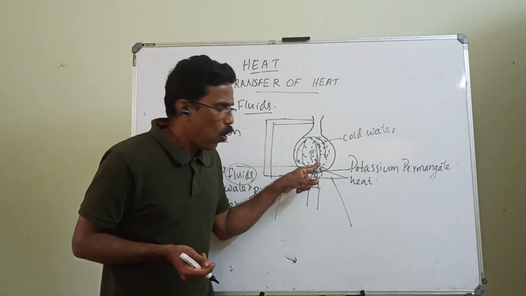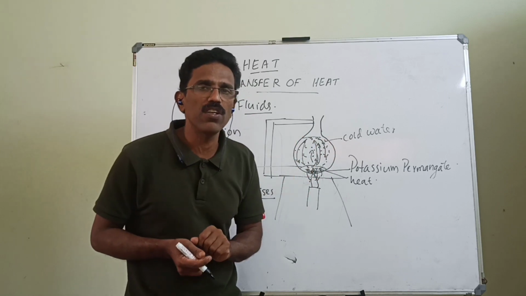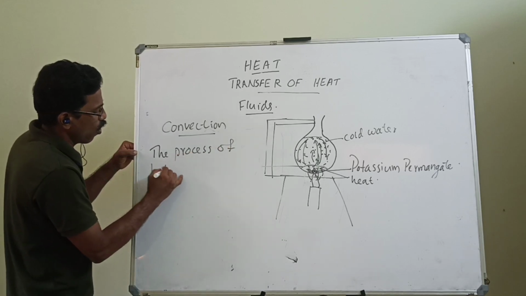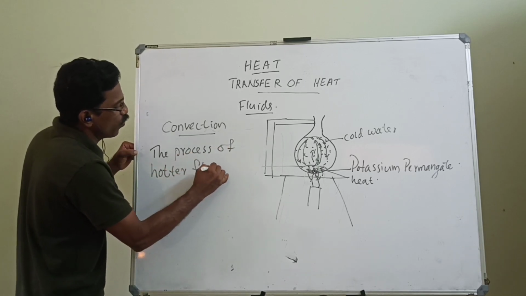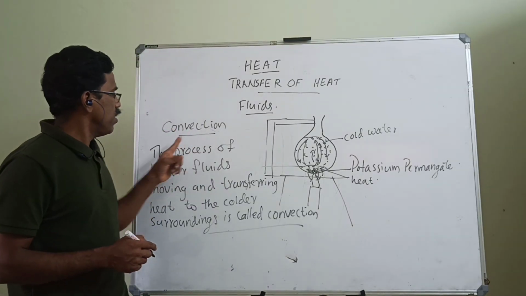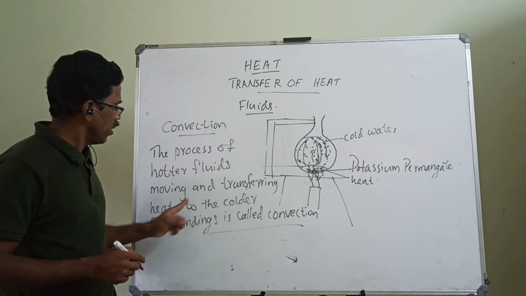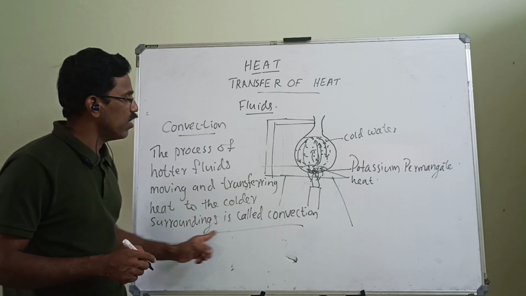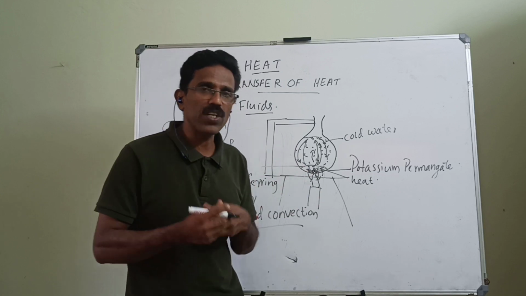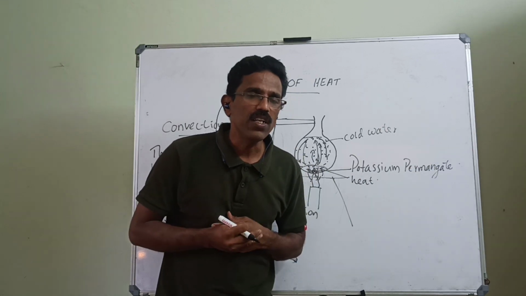The process of hotter fluid moving and transferring heat to the colder surroundings is called convection. So in the case of fluids, this process of convection takes place. The water fluid moves and transfers heat to the colder surroundings.